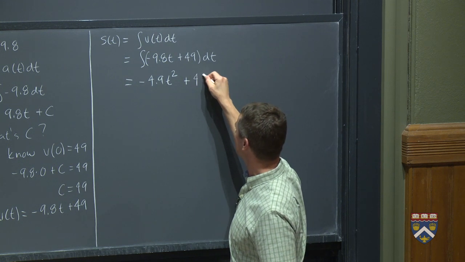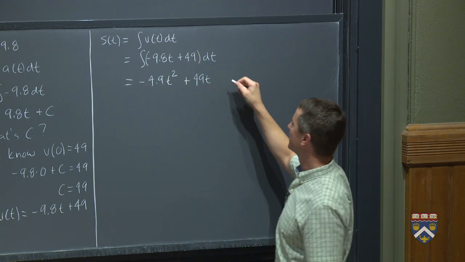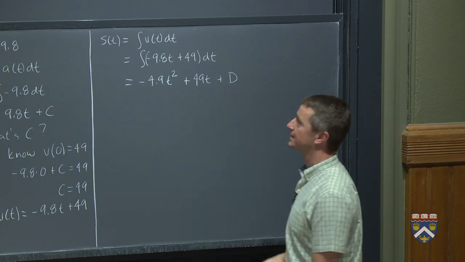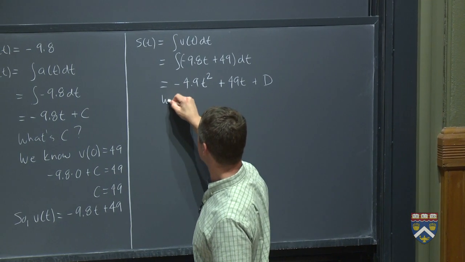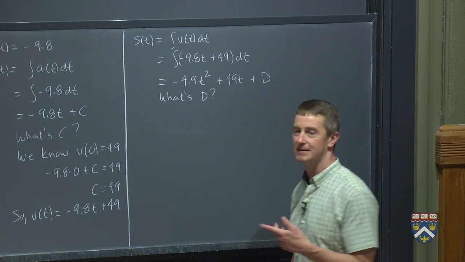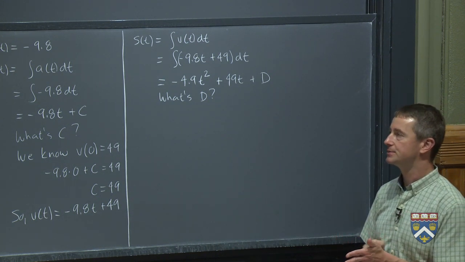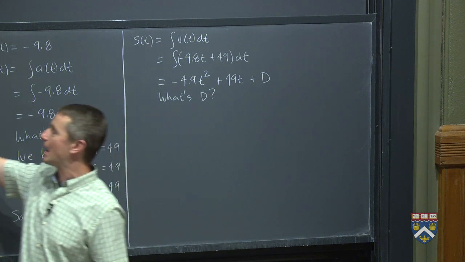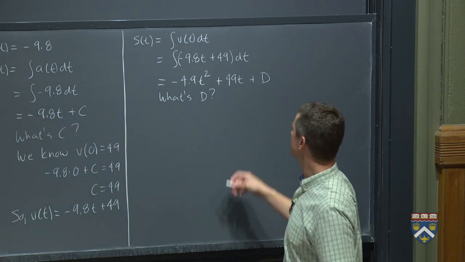49t, its antiderivative is just 49t, and then plus some constant. We've already used c, so let's use d. Can we figure out what d is? So again, is there something in the statement of the problem that lets us figure this out? And there is, because the object is launched from ground level, meaning that at time 0, the height is 0.